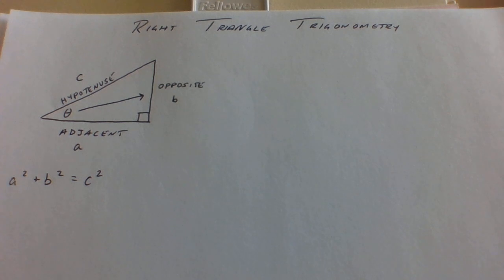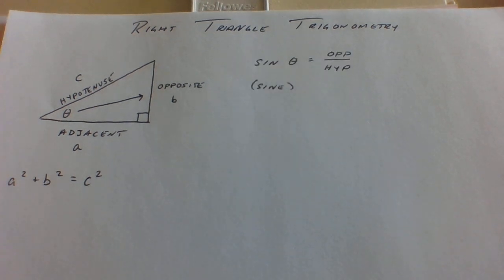Now, let's talk about the 6 trig functions that we're going to be using. Each of these functions relates an angle measure to a ratio of side lengths. My first trig function is sine of theta, and this is equal to my opposite side over my hypotenuse.